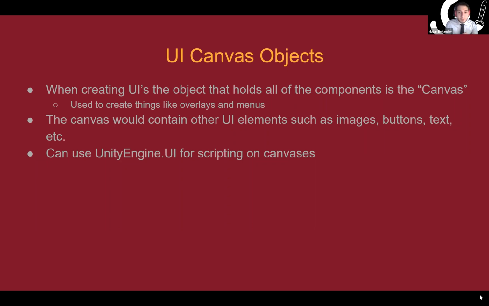On top of this canvas, we can attach whatever we would like in order to create our menus and title screens. We can implement things such as panels, images, buttons, text, and so on. And then we can also adjust these using scripts using the UnityEngine.UI libraries.